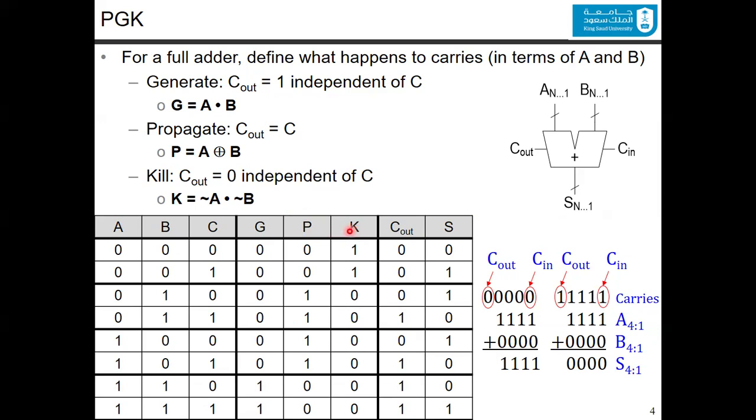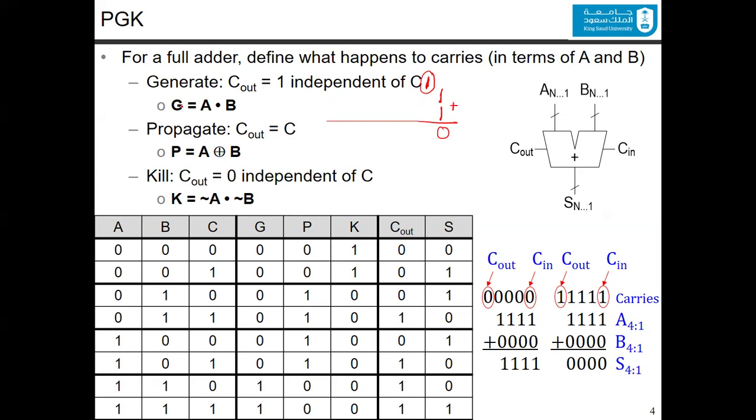That's the idea. So to generate, the carry will not be generated unless you have 1 and 1 in A and B. So if A is equal to 1, and you are adding 1 to 1, here the result is going to be 0, and you will have a carry generated. This is a newly generated carry.